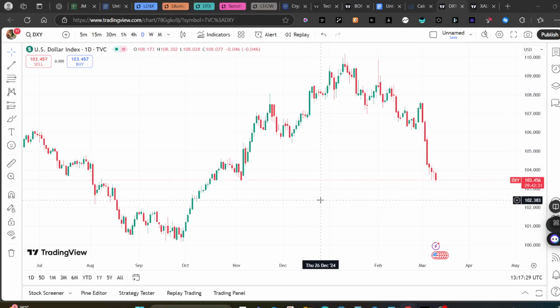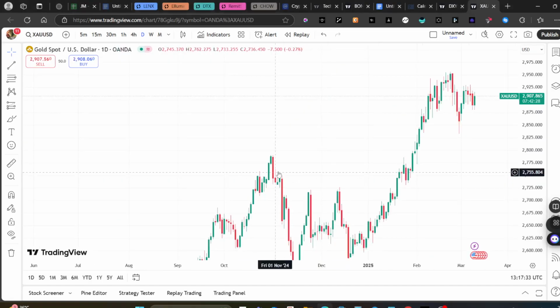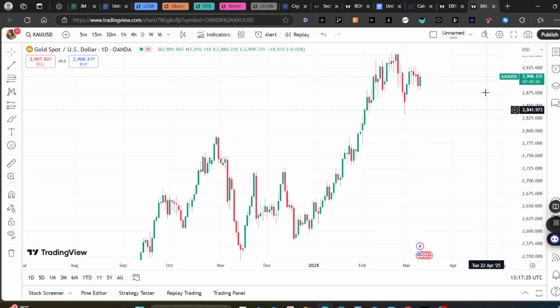All right, so this is the US dollar index and this is gold, gold spot against the US dollar.